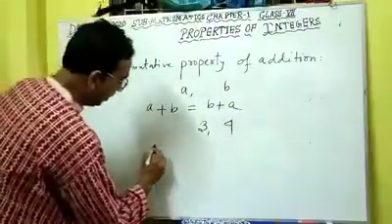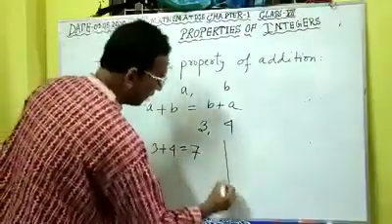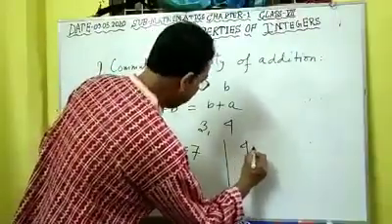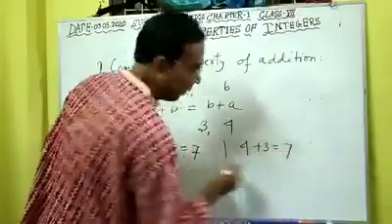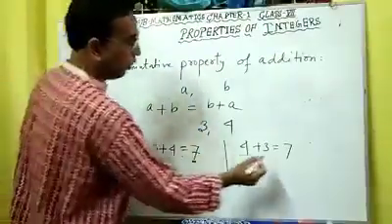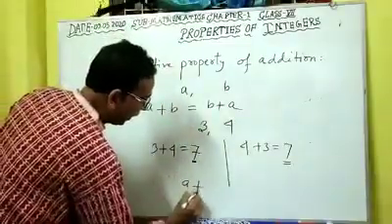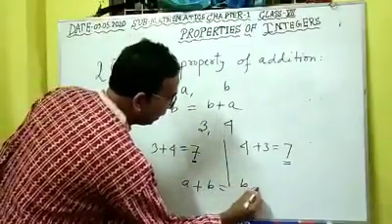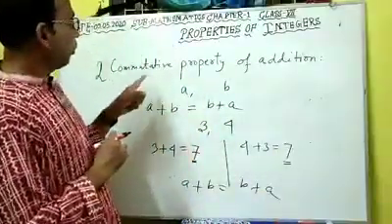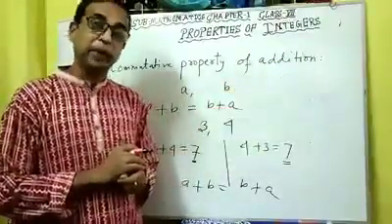Here 3 plus 4 is equal to 7. Again 4 plus 3 is equal to 7. That means this is equal to this. So commutative property of addition of integers is verified.